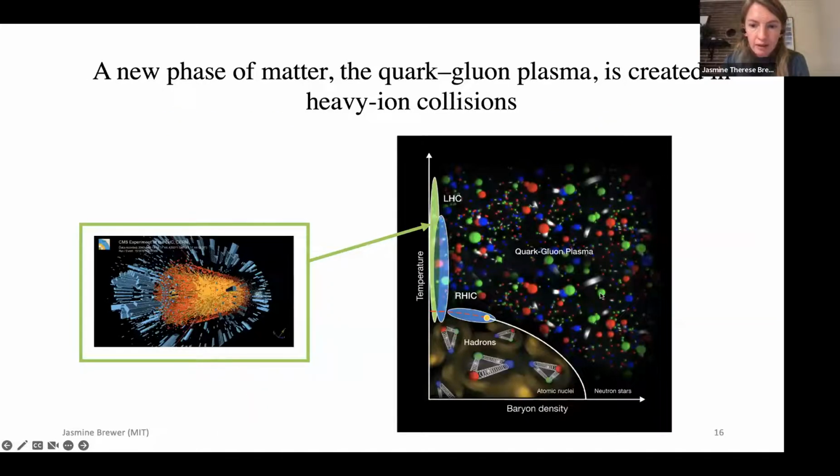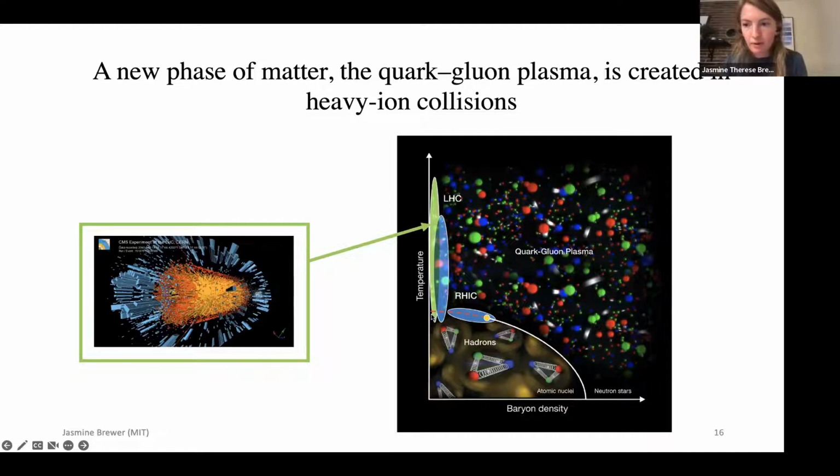So to give a little bit of backstory, which probably everyone is familiar with, heavy ion collisions really provide us unique access to this deconfined phase of QCD matter. The essential idea is that at the LHC, for example, in the collision of two large nuclei, you can access a swath of this low baryon density and high temperature regime of the phase diagram.